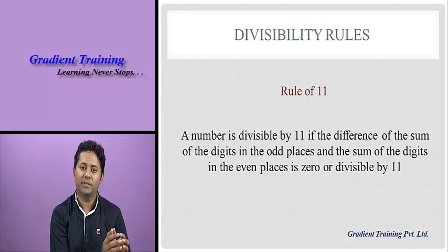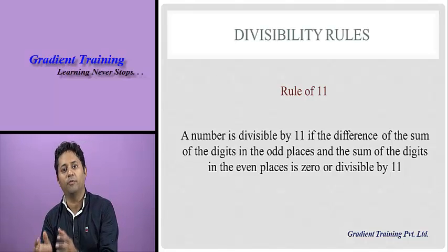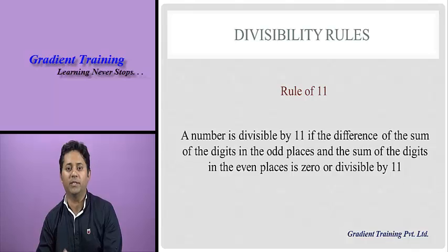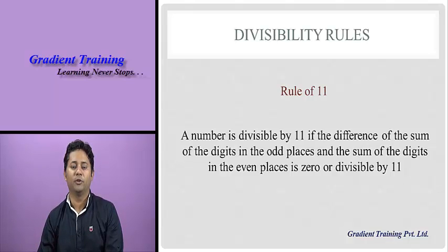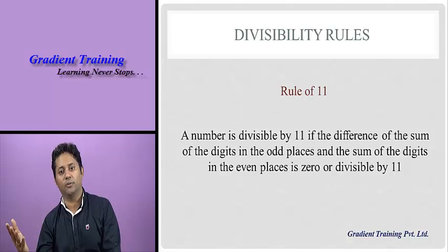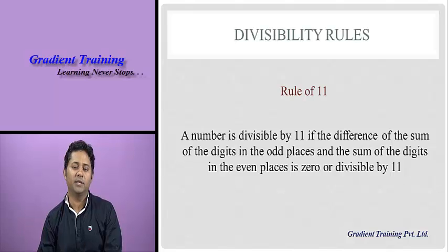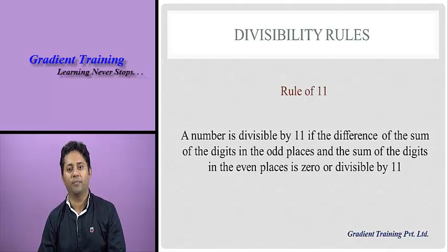Subtract the sum of the numbers at the even places from the sum of the numbers at the odd places. You will get a result. And if that result is either 0 or any multiple of 11, then only the original number is divisible by 11. Otherwise it is not.